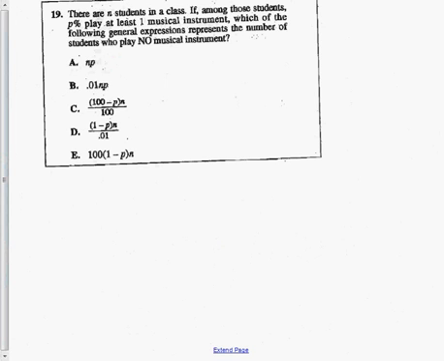There are n students in a class. If among those students, p% play at least one musical instrument, which of the following general expressions represent the number of students who play no musical instrument? So if P represents the positive thing that is being sought after, then the complement in probability represents the not.